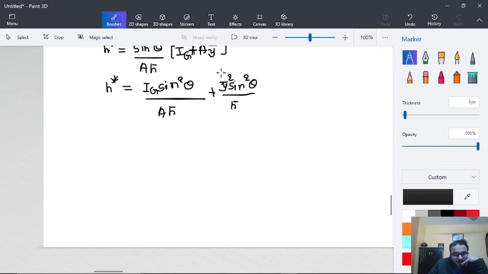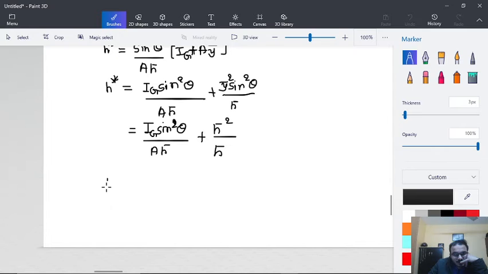So instead of y bar square sine square theta we can put H bar square. The first term will remain as it is, Ig sine square theta divided by A H bar plus H bar square upon H bar.